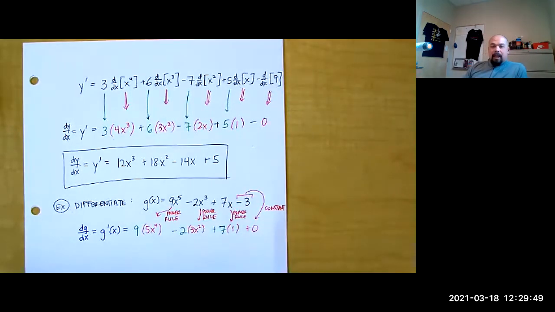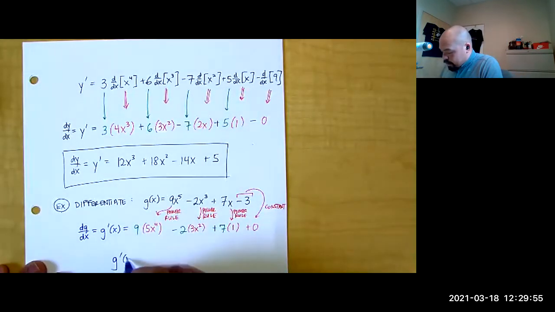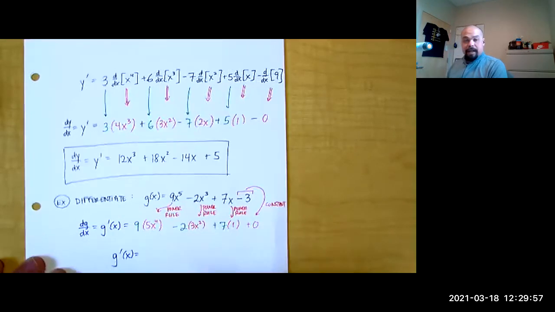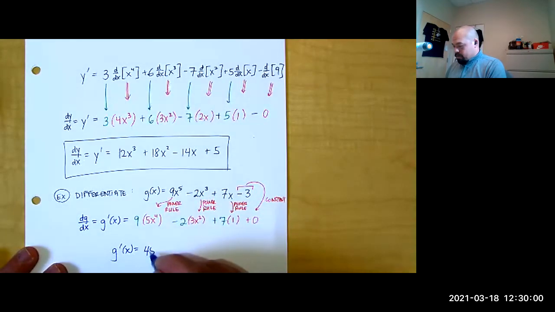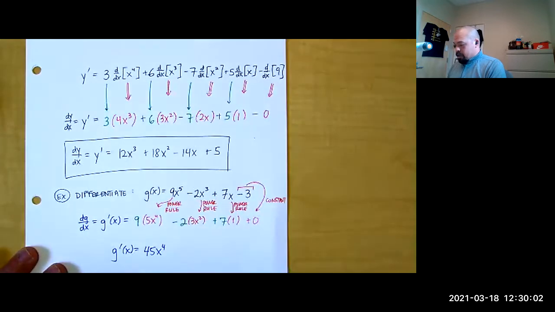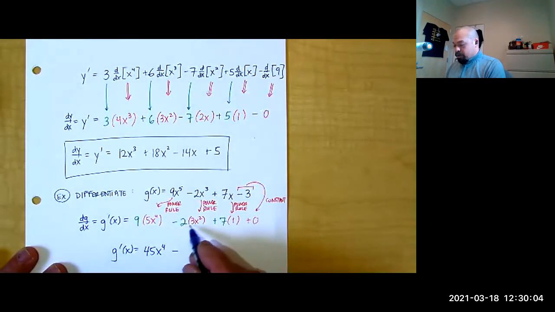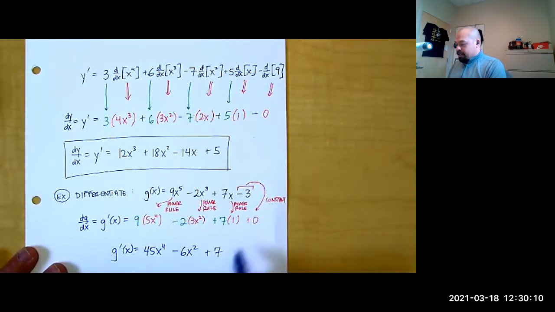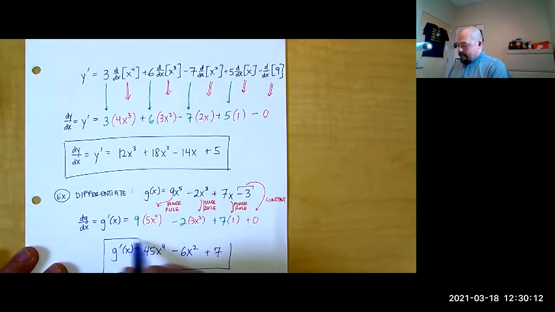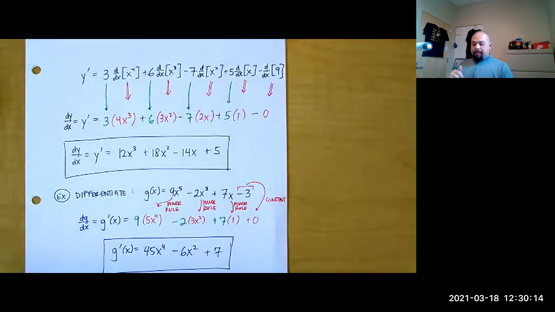But for now, that constant term, we know there's no variable, it's going to go to 0. So finally in the end, our derivative, g prime of x, 9 times 5, 45x to the fourth, negative 2 times 3, negative 6x squared, plus 7 times 1, 7. That 0 goes away. Just like that.